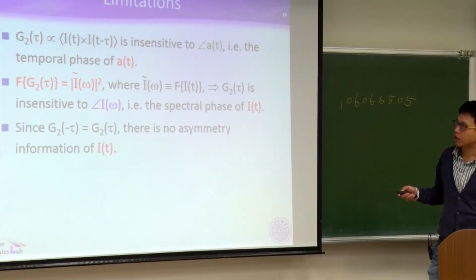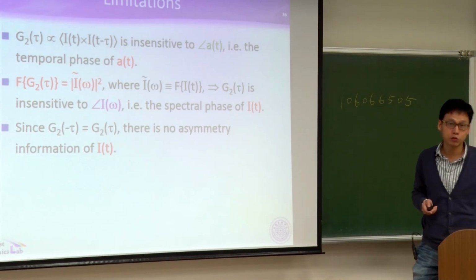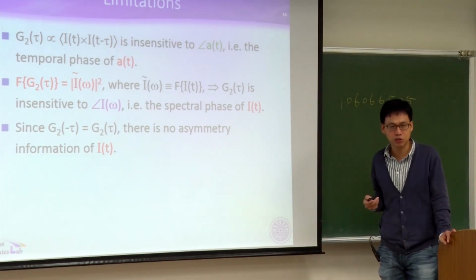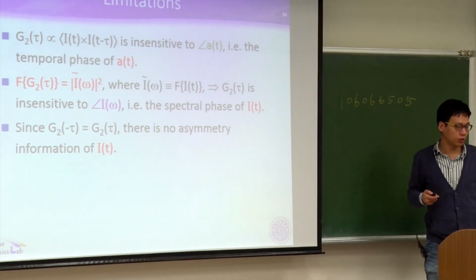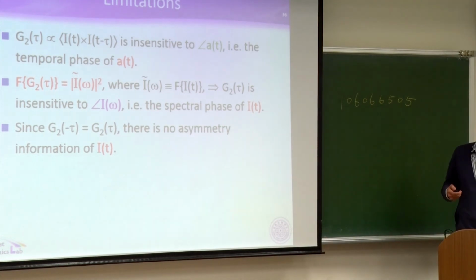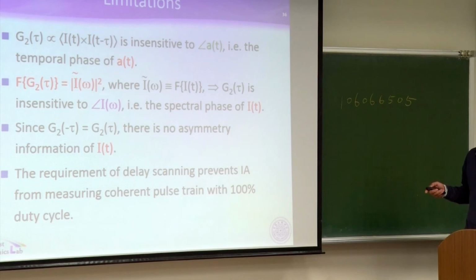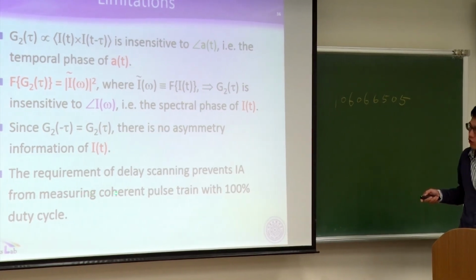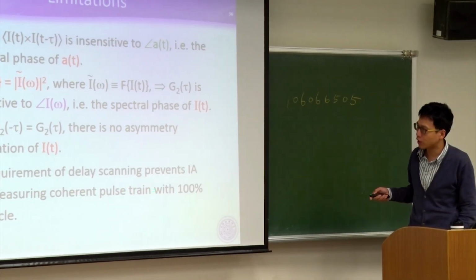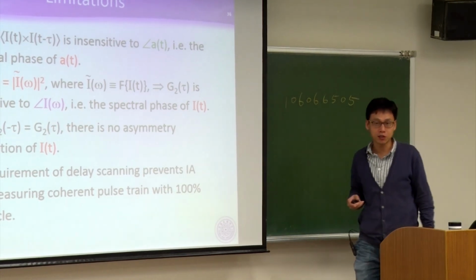Then, the G2 function is an even function, so there is no asymmetry information about your pulse shape, which is similar to the case of field autocorrelation. And the same as FA, the requirement of delay scanning prevents intensity autocorrelation measurement from measuring a coherent pulse train with 100% duty cycle.